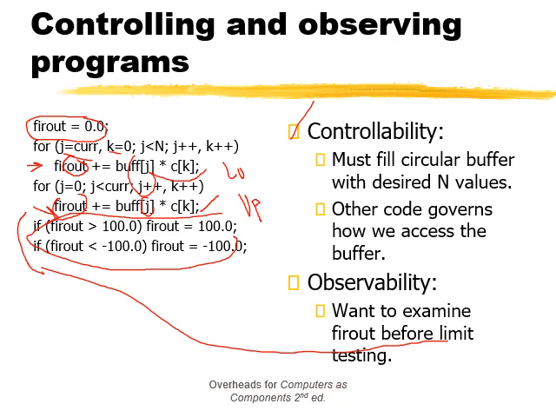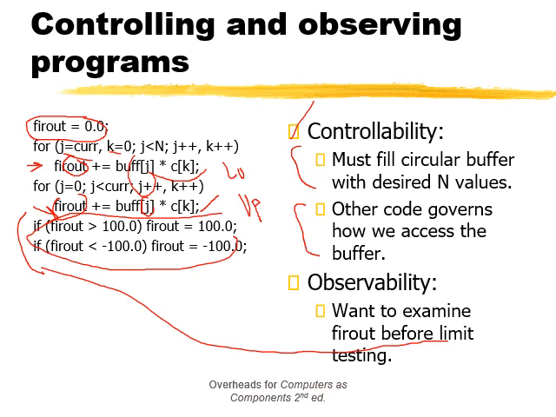So we are observing the code before the limiting, and then we are filling the circular buffer with n values. So these are the two things that we are doing in controllability. We are filling the circular buffer, and then other code governs how we access the buffer.